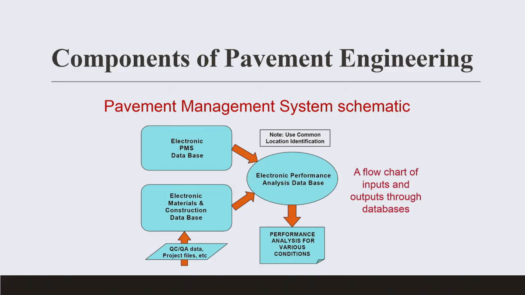It's not based only on performance. Like what Dr. Patrick talked about, in design you're basically looking for best performance, right? Here, it's best performance given the level of funding that you have.